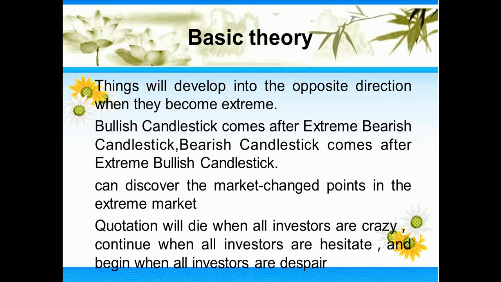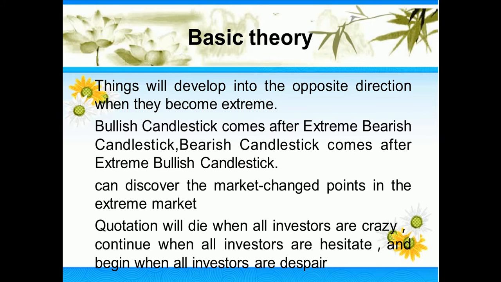Today we will learn one function, and it's very practical if you use it well. Today I will teach you the Homely Taiji signal. Only one signal, so maybe it's easy. The basic theory: things will develop in the opposite direction when they become extreme.